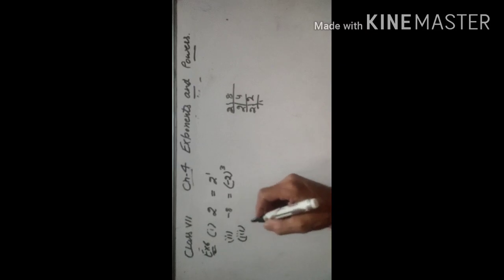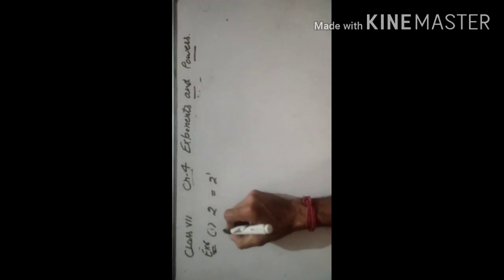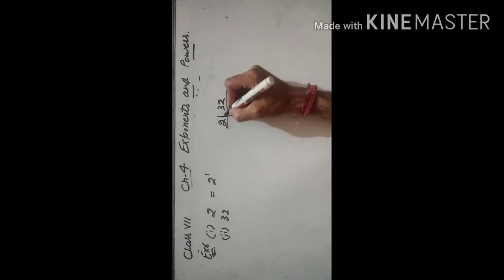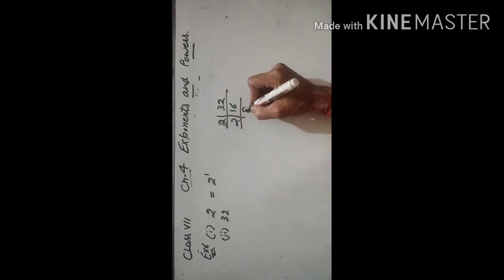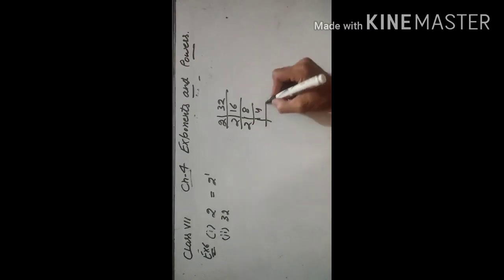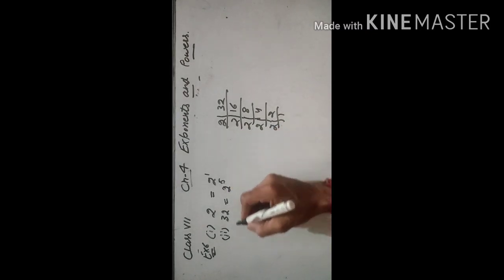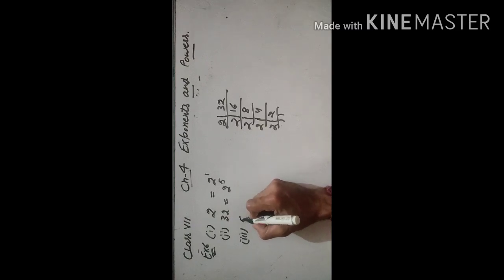Third is, no, sorry, this is not a second part. Second part is 32. Prime factors of 32, that is 1 2 3 4 5, 2 to the power 5. Third part is 512.